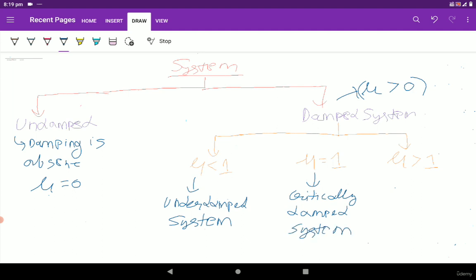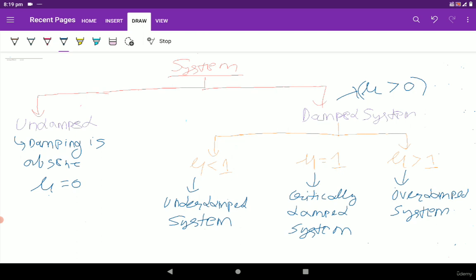And when damping factor is greater than 1, we call it an overdamped system. So let's discuss one by one.